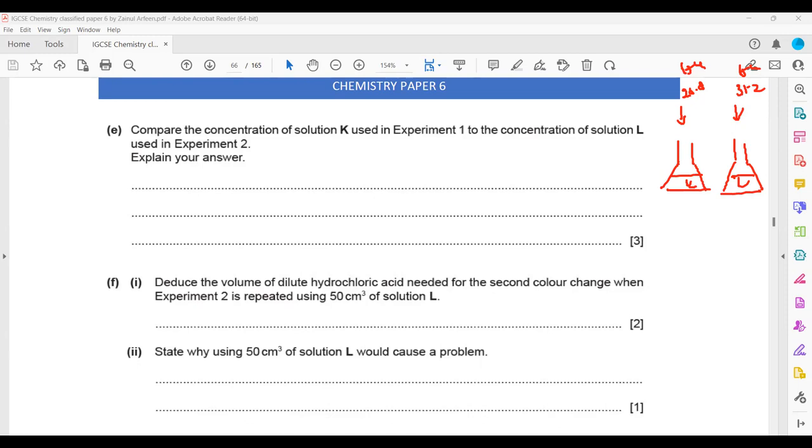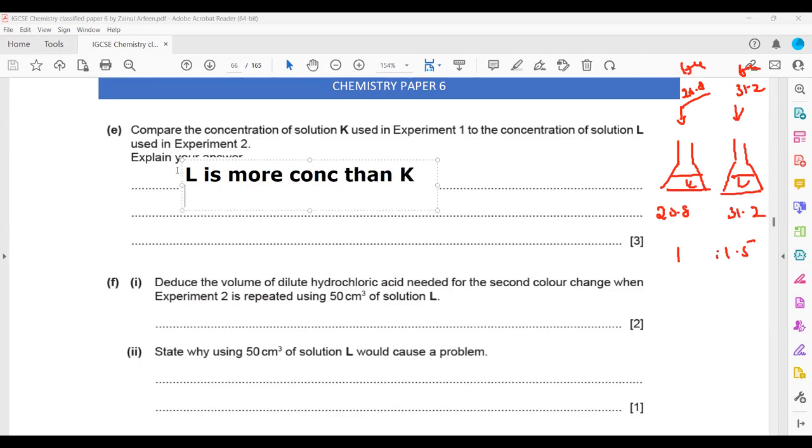Then you can also compare their ratio. Here we need 20.8 hydrochloric acid and here we need 31.2. So when I take the ratio, it's 1:1.5 between them. So how do you score 3 marks? Number 1, you will mention L is more concentrated than K. That is 1 mark.